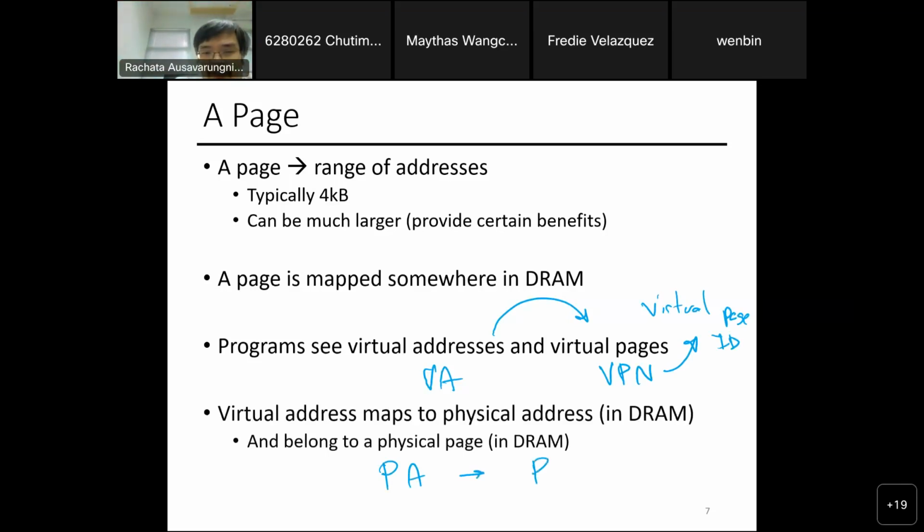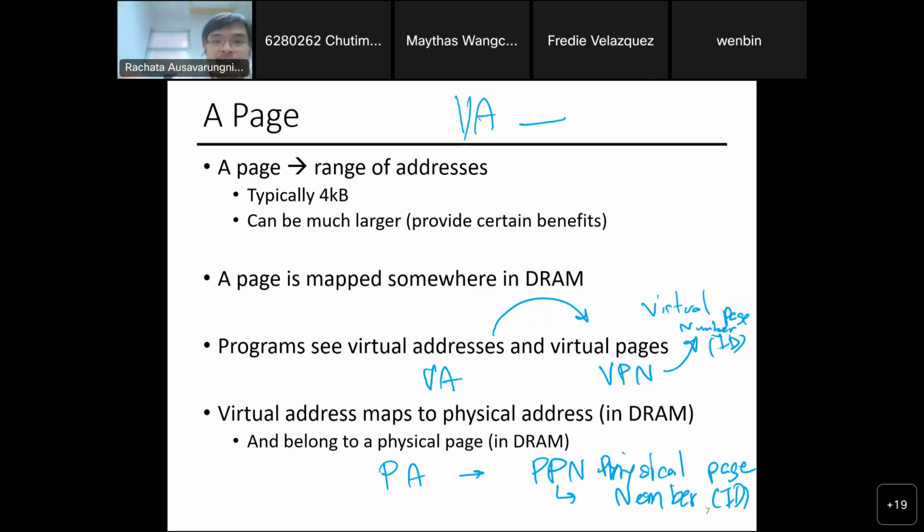We call this the physical page number, which is basically an ID again for your physical page, right? So when you have the virtual address and you translate that to the physical address, basically the operation is you change the virtual page number into the physical page number.